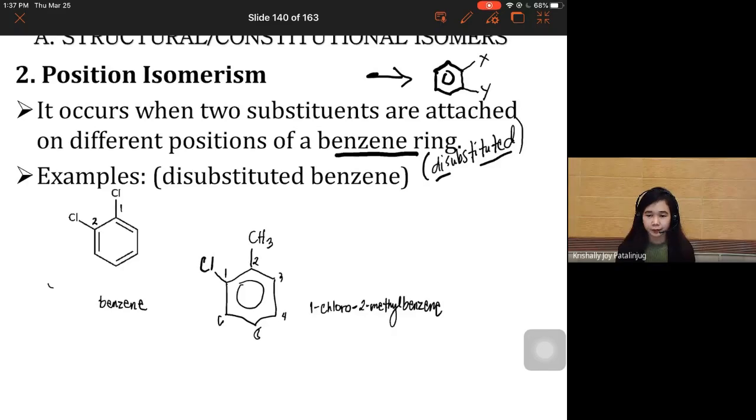So you apply the knowledge you had in naming molecules. There are only small changes because this is already a benzene molecule and the parent is benzene. The naming is the same: what separates a word and a number is a hyphen, what separates a number and a number is a comma.